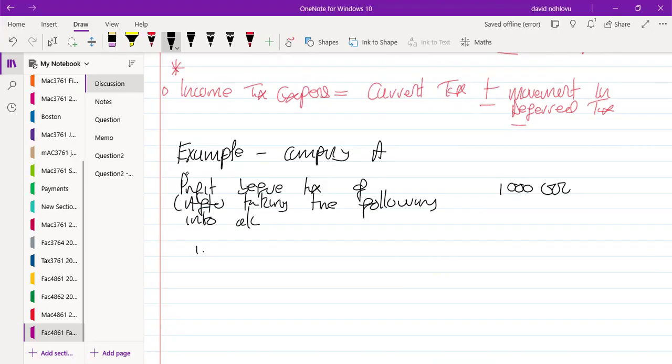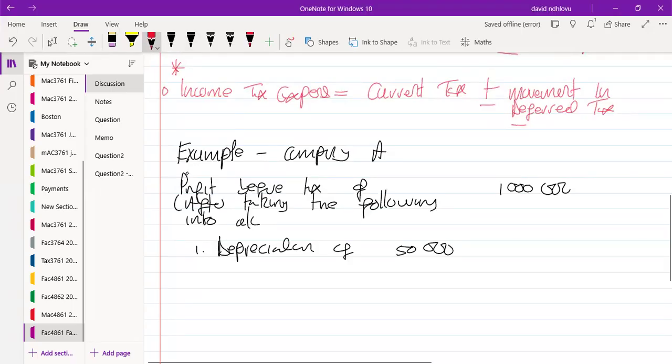Right, let's say number one, depreciation, right, of, let's say 50,000. Right, let's say the tax allowance, right, was 100,000 here.